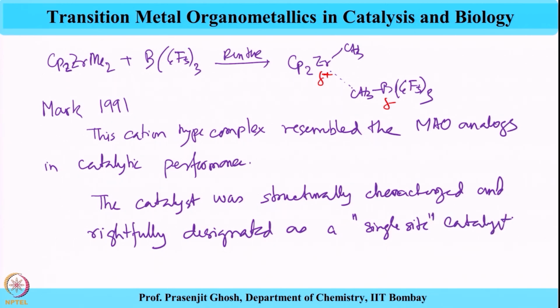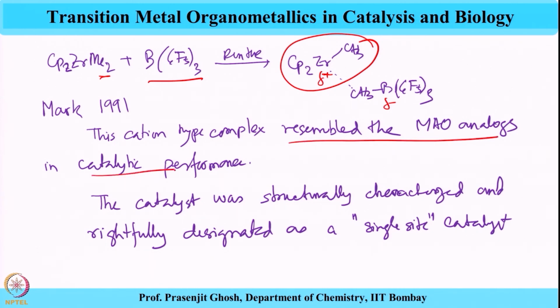So, this was a fantastic improvisation made by Marks, where he developed a replacement of MAO using this boron trifluorophenyl reagent, which abstracted one of the methyls and also behaved as a non-coordinating anion in stabilizing this zirconium Cp methyl cation, which carried out the polymerization of propylene with equal efficiency as that of the MAO counterpart.